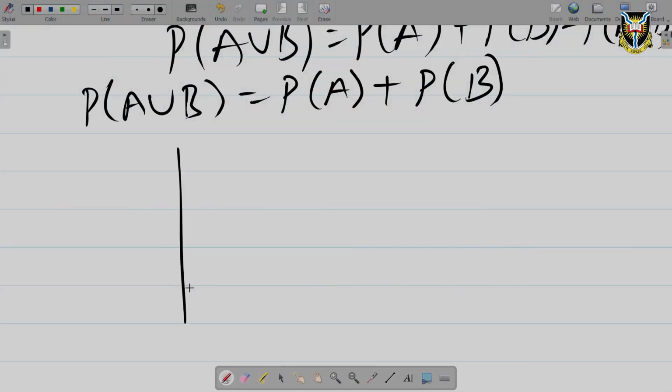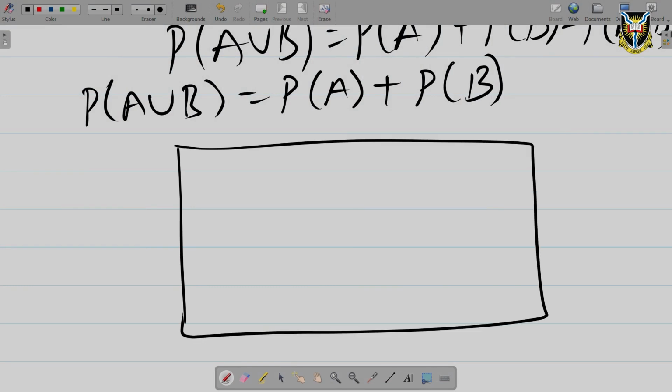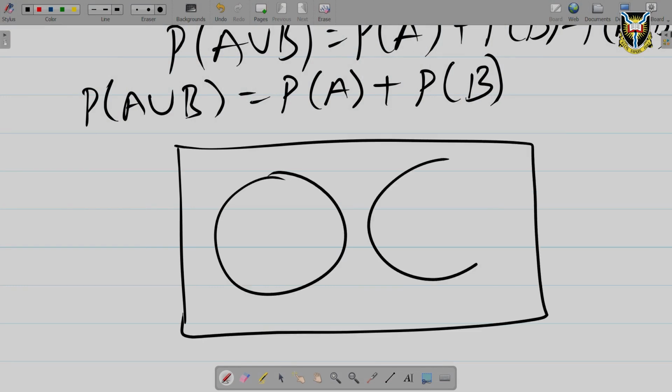And this can be better depicted by using a Venn diagram where we have event A, we have event B. This is event A, this is event B. So if I ask what is the intersection between these, you can see that there is no intersection. All right.